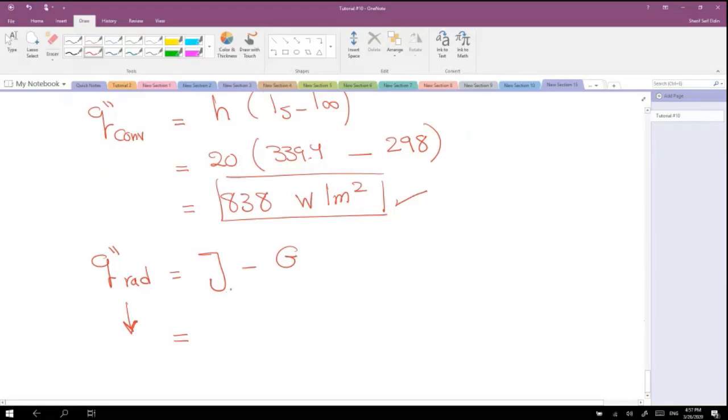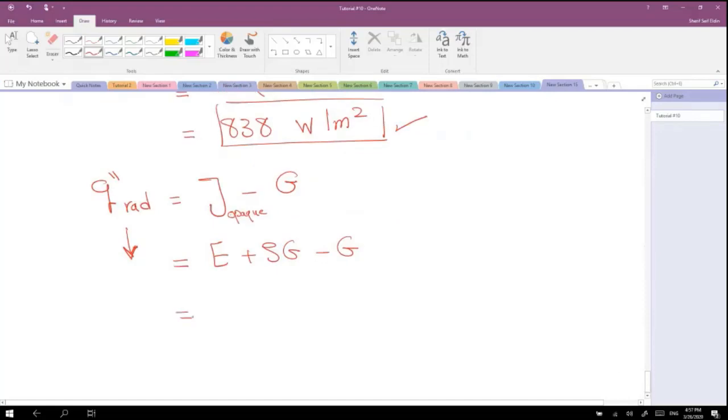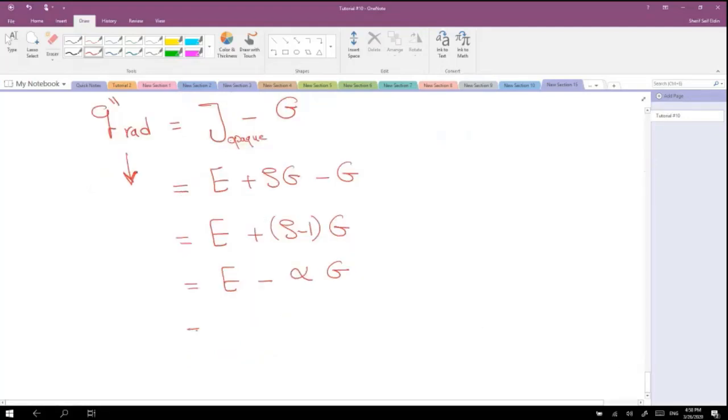J for an opaque surface is E plus rho G minus G, which is E plus (rho minus 1) multiplied by G, or E minus alpha G. So E is the emissivity times sigma T surface to the power 4, minus alpha, which is 0.9, multiplied by 1000. This is given to you, right?